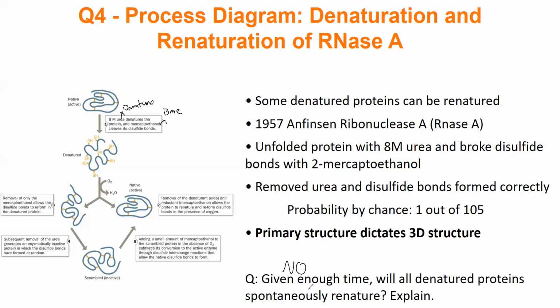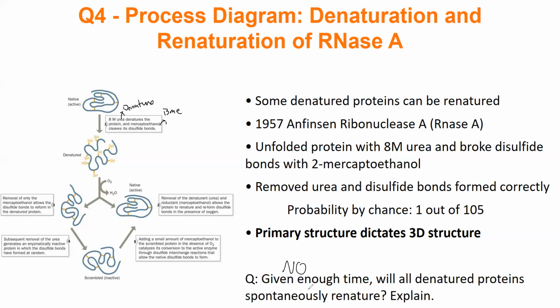So mostly when you denature a protein, there's no going back. Usually it gets tangled up with other proteins and it becomes inactive and you can't save it. However, he did happen to find a protein that does renature. But the big takeaway from this study is true for all proteins.